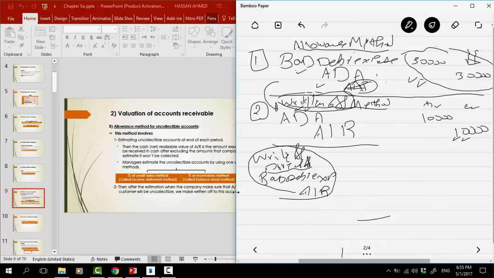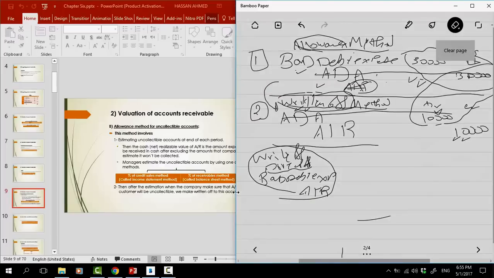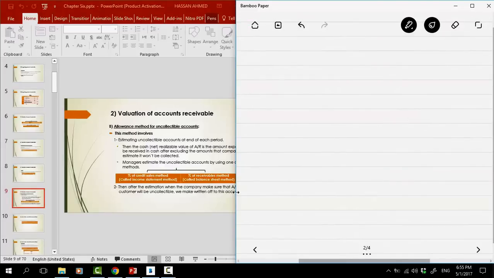We wrote the allowance for doubtful accounts in the credit, then we wrote it again in the debit, they will cancel each other. Then it will be as if I wrote from the beginning bad debt expense and accounts receivable. But under the allowance method, it will be recorded in two steps, not one step as in the direct write-off method. We must make an estimation, then after the estimation we will make a write-off if the amount will be written off. If not, there will be none.